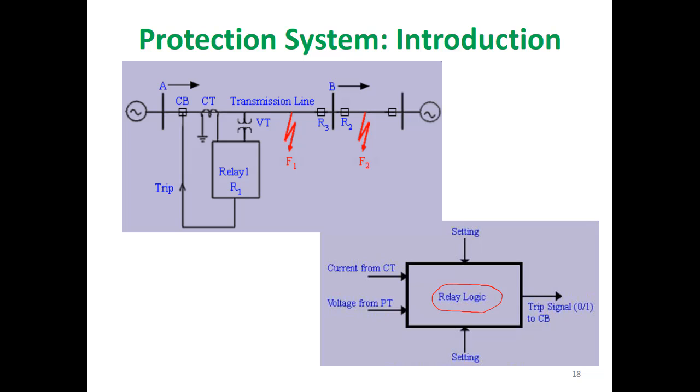To the relay we feed the current from the CT and the voltage from the PT, the potential transformer, and based on those signals it decides the trip signal, whether it has to be 0 or 1, and then sends it to the circuit breaker, meaning your circuit breaker should trip. And obviously we have certain setting panels in order to set the relay.